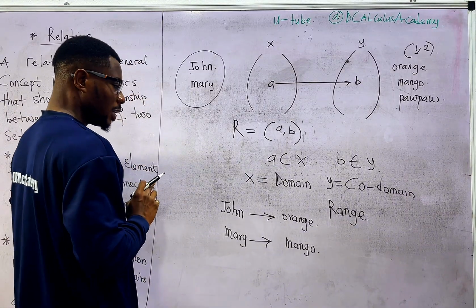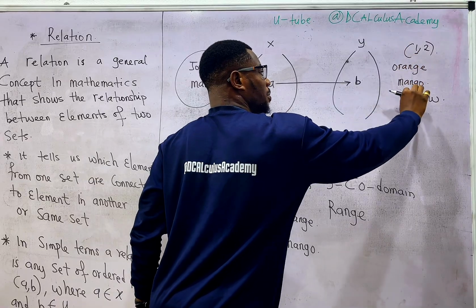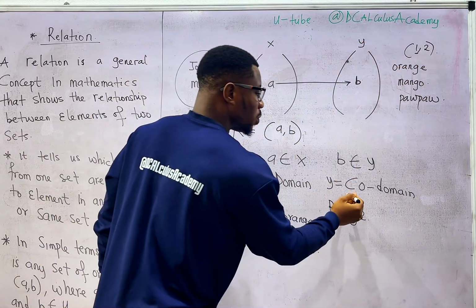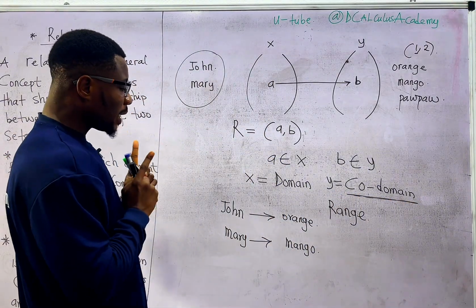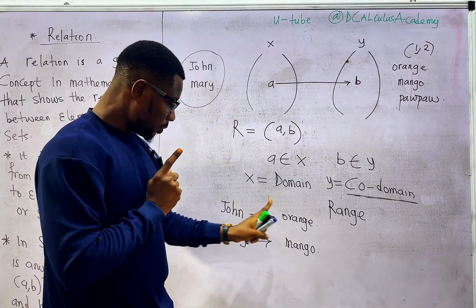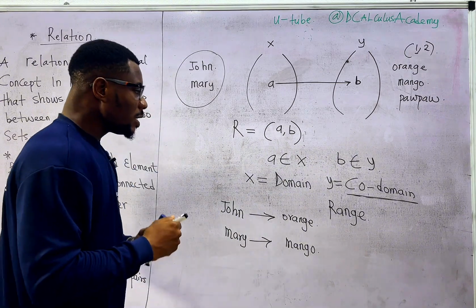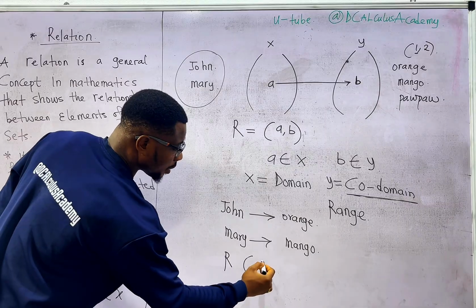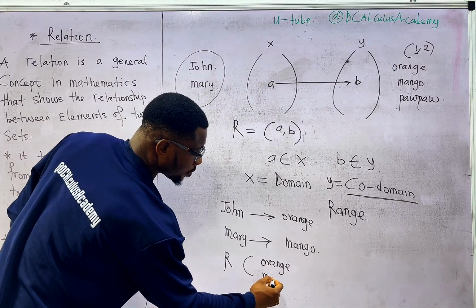So now the set of orange, mango, and pawpaw under the Y are all called the codomain. However, what are the images of John and Mary? The image of John is orange. The image of Mary is mango. What it means is that the range here is going to be orange and mango.